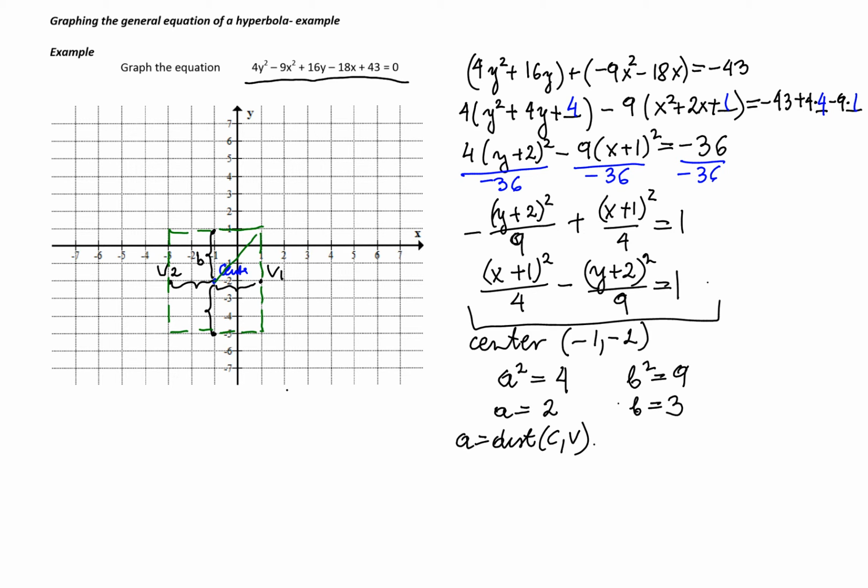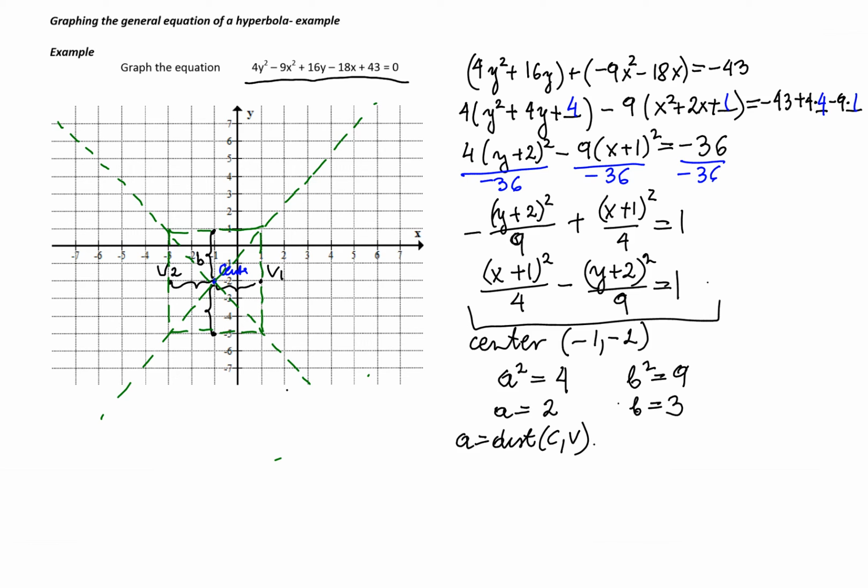So the asymptotes are through the diagonals of that rectangle. So this is the one asymptote, and we'll have another asymptote going through the other diagonal.